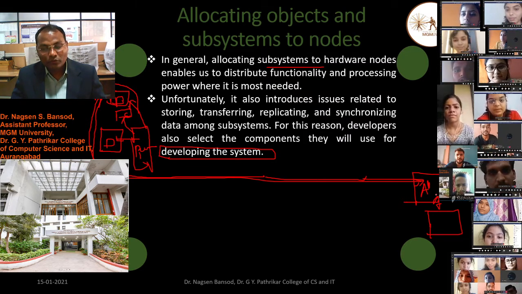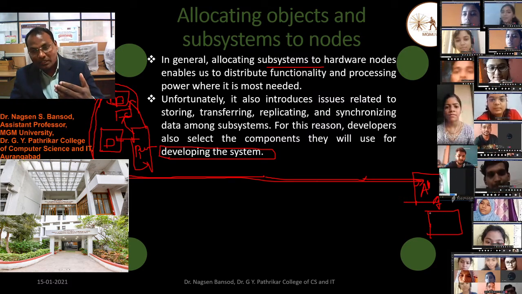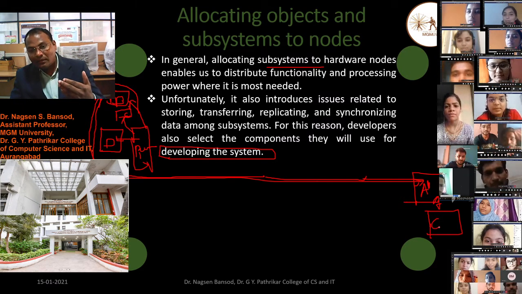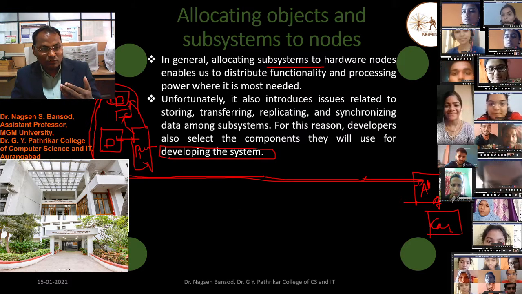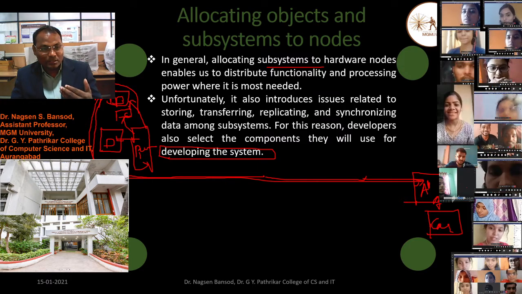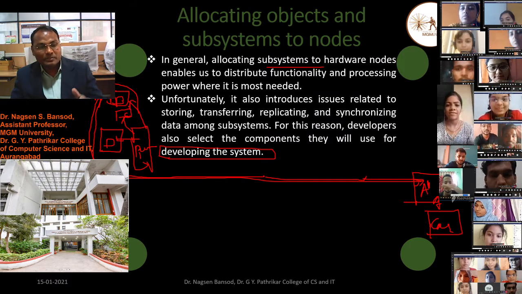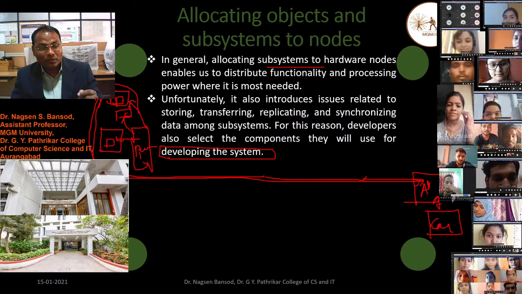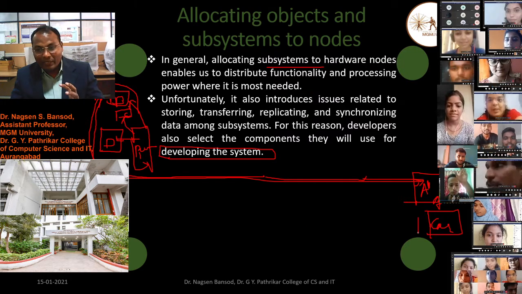Similar kind of software is required by the company. Suppose there is a car company at this location, and there is also one car company at this location, but there is some power problem or some space problem. Due to this, they want our software to work here as well as here.